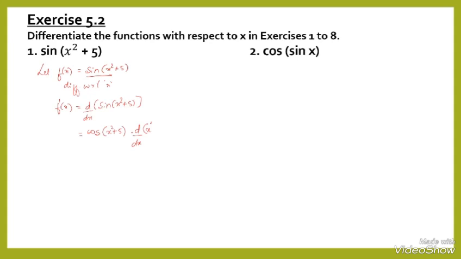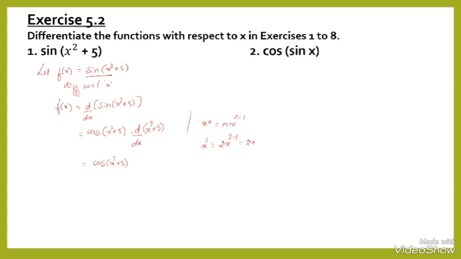Now differentiation of x square plus 5. Here, for x square, we already know that the differentiation of x to the power n is n into x to the power n minus 1. Replace n by 2: 2 into x to the power 2 minus 1, that is 2x.